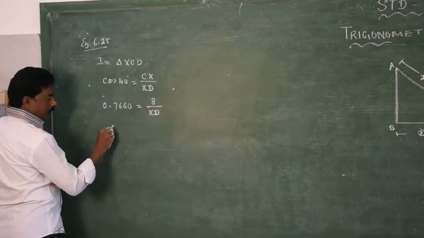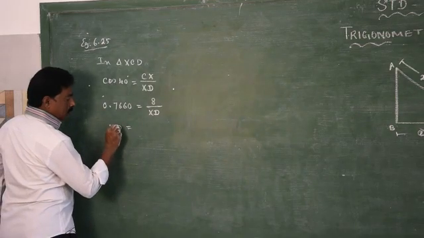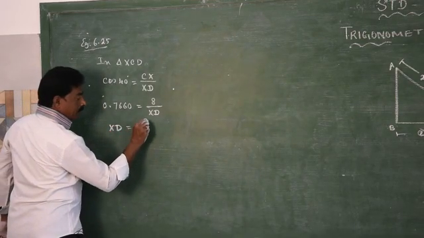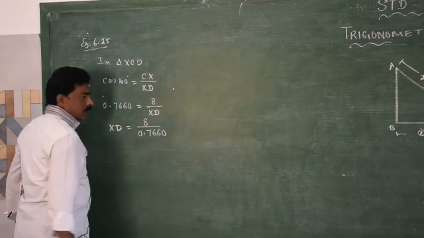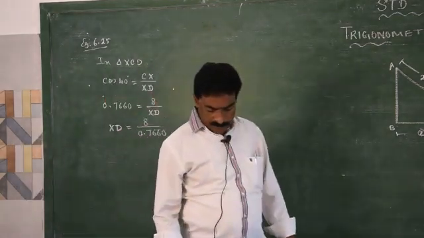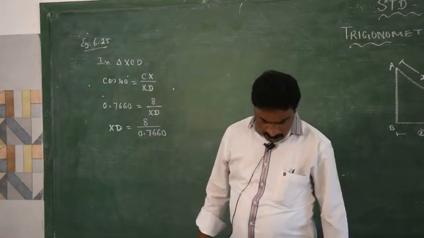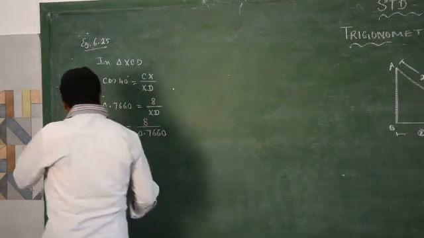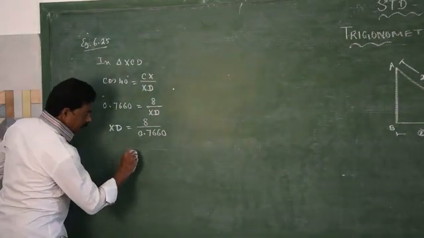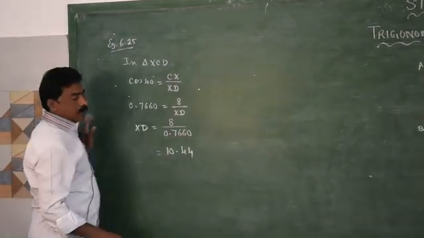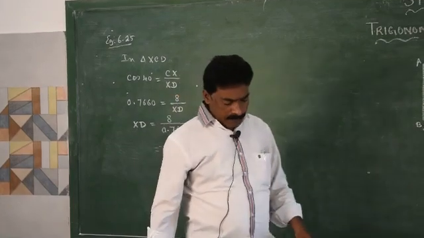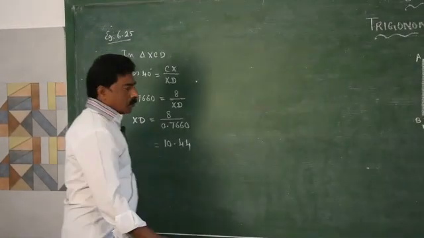So when you cross multiply, XD equal to 8 by 0.7660. When you divide, you will get 10.44. That is the first question. What is the first question? The distance between X and the top of the smaller tree.